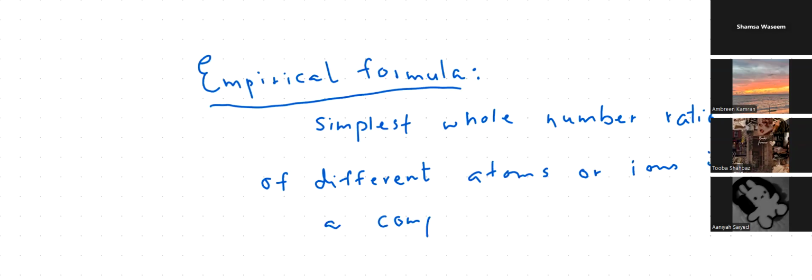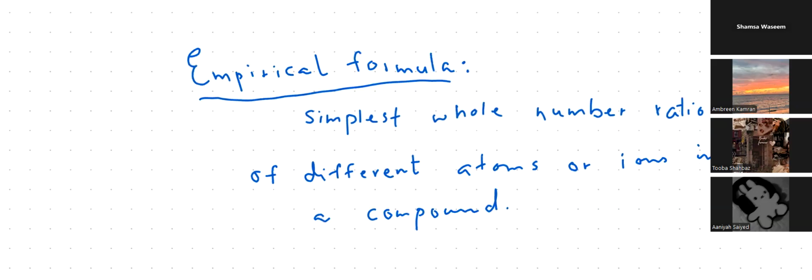Right? So the empirical formula is the simplest whole number ratio of different atoms or ions in a compound. For instance, the molecular formula of glucose was C6H12O6. So this was a molecular formula which shows the types and numbers of atoms present in a compound.